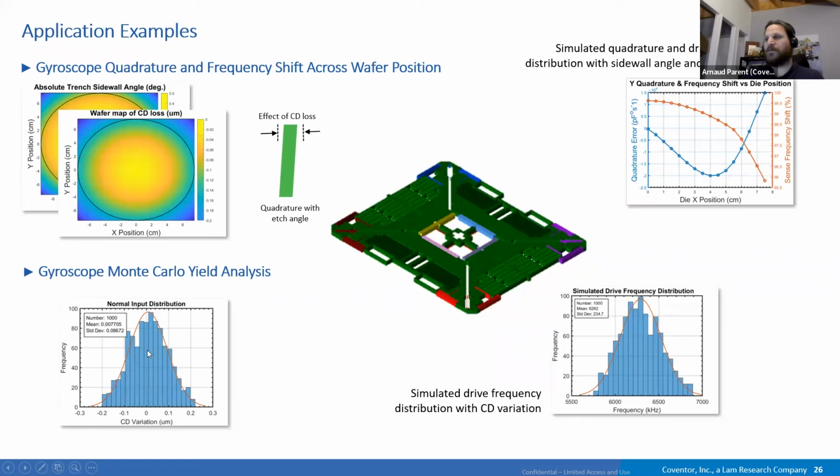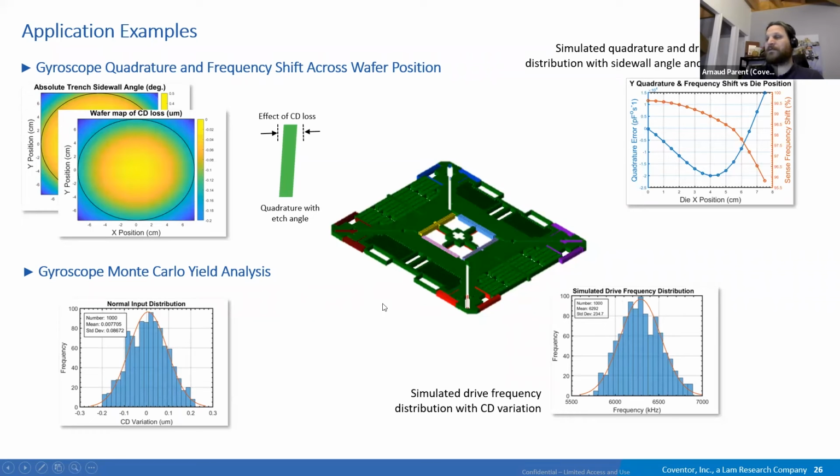Here it's a Gaussian, a normal distribution, and you look at how the output is distributed. So for example, here the frequency distribution, but we also have the quadrature, and many outputs can be studied. But basically, knowing the distribution of your process variation, you can know how the frequency will be distributed.